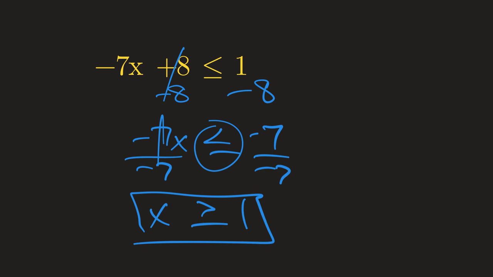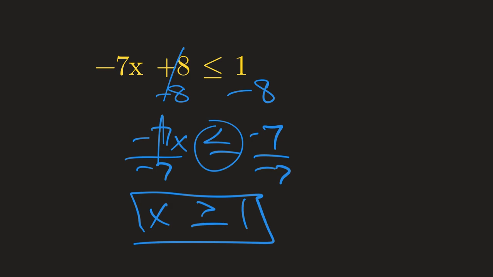That solution set is now going to read values that are greater than or equal to positive 1. Okay? So again, it's going to be important that we are aware whether or not we multiply or divide with a negative at any time.